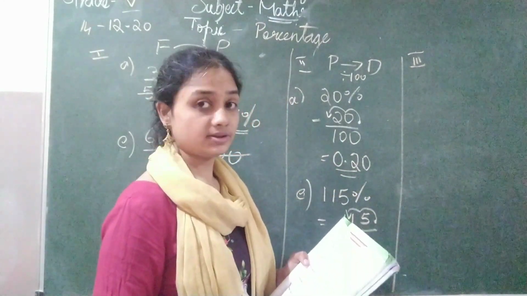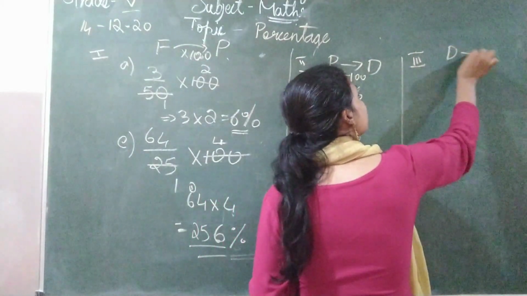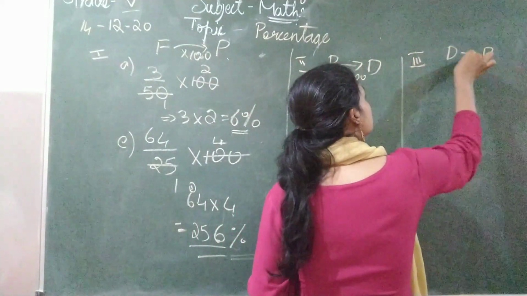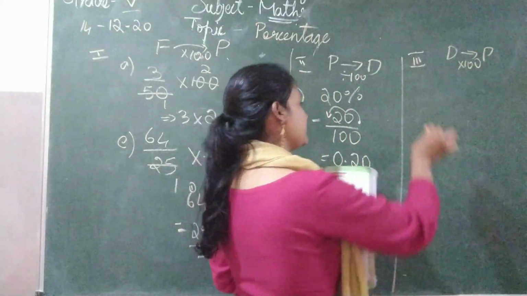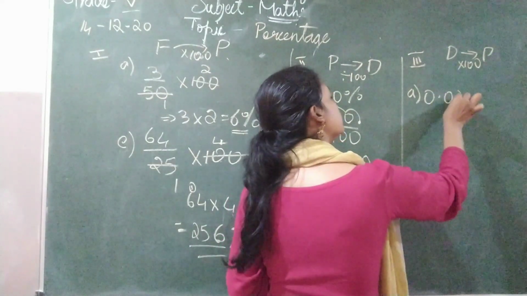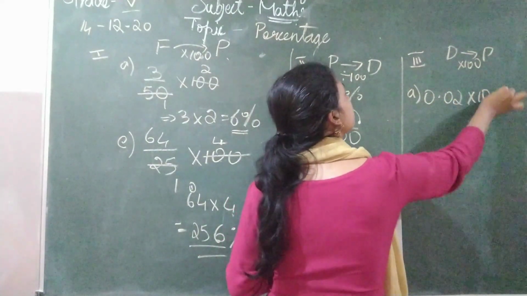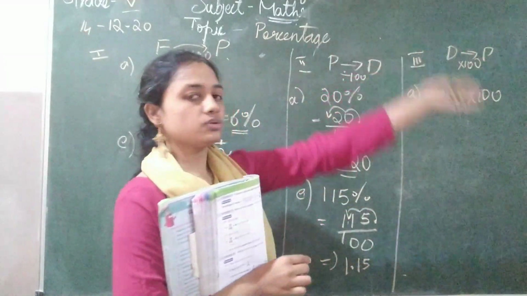Now let's go for the third one. Write each as a percentage. You have the decimal and you have to write it in percentage, so you should multiply by 100. Let me take A, 0.02 into 100. If you multiply, the decimal point goes to the right side.